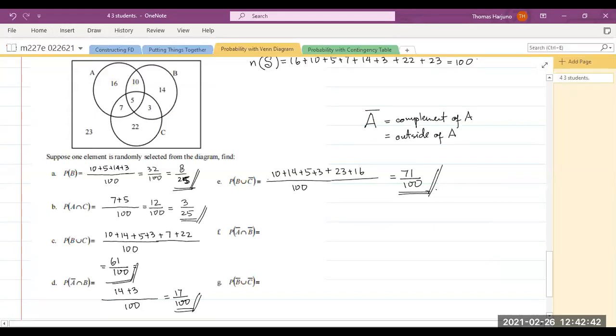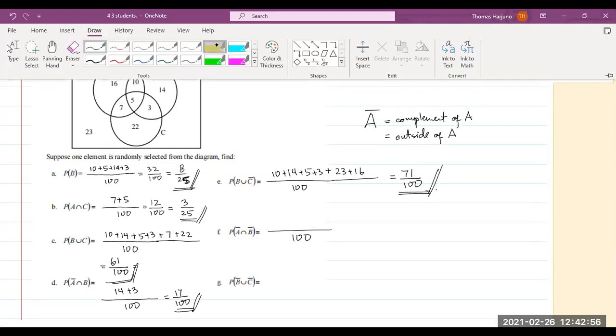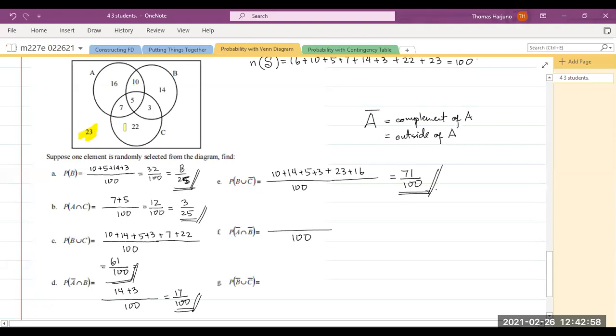Now, part F, probability of intersection, not A and not B. Outside of A and at the same time outside of B. Let's see the ones outside of A first. Outside of A are this number of people.